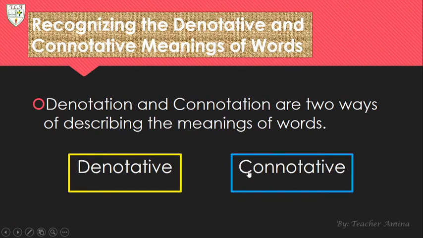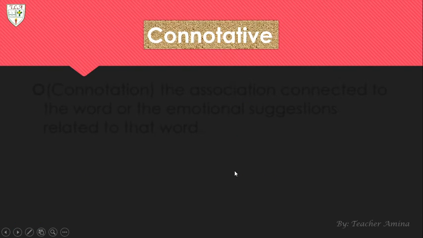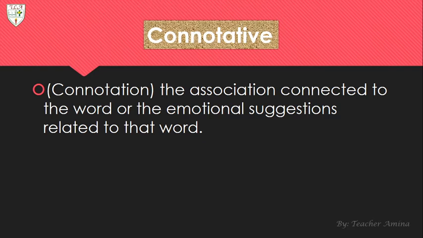Okay, next is connotative, which is connotation. It's the association connected to the word or the emotional suggestions related to the word. So it's not literal anymore. It's a meaning that gives an emotion.